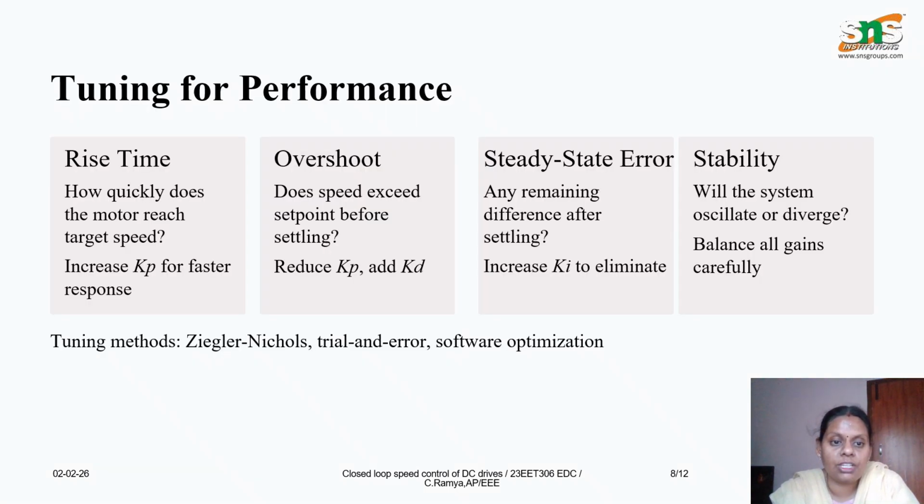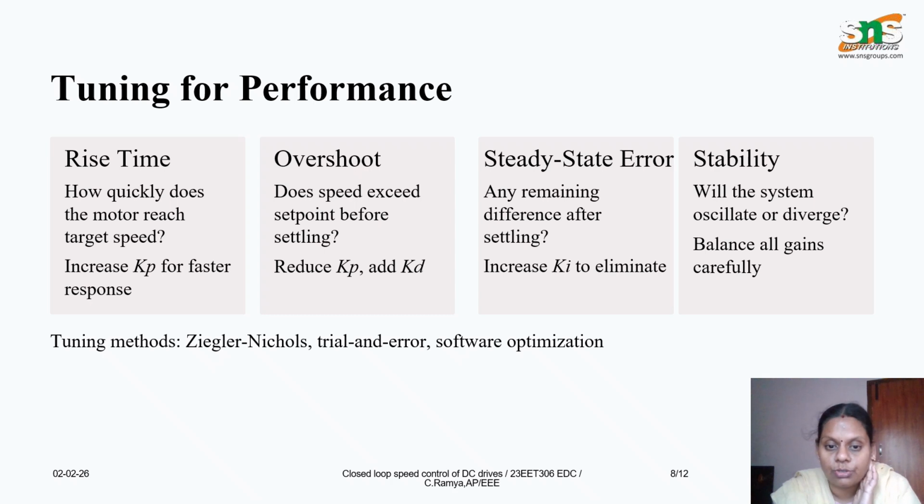Next is tuning for performance. We have the PID controllers, and most DC drives use a PID controller. Now we have to understand each parameter. First is the rise time, which is how fast the motor reaches the set speed; here we increase the Kp value for a faster response.